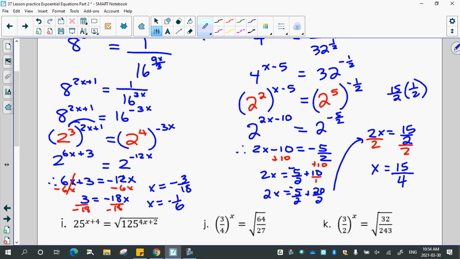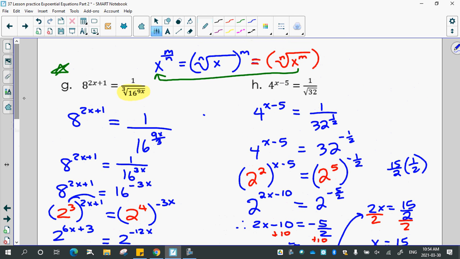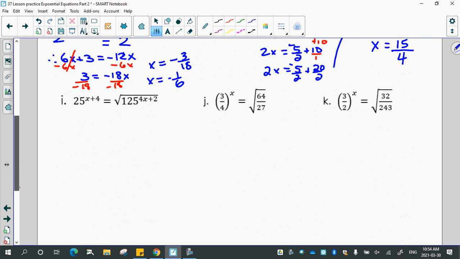All right, here is another one where we're going to use this idea. We're going to change this to an exponential form. Okay. So our first side we would write as 25 to the x plus 4. But our second side we're going to write as 125 to the, so then 4x plus 2 is the numerator, over, what's the root? 2.